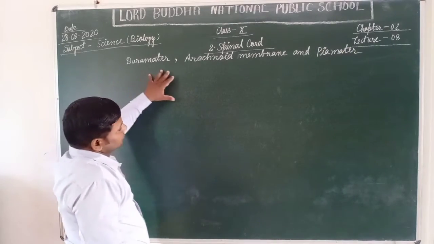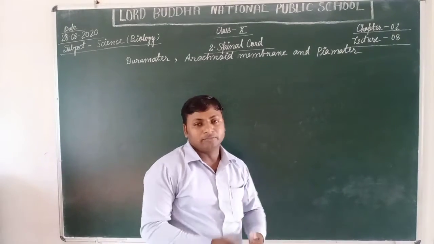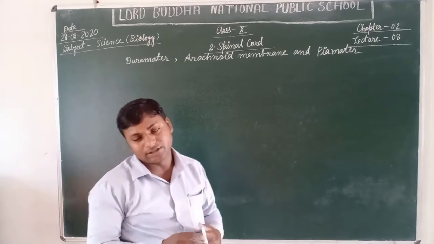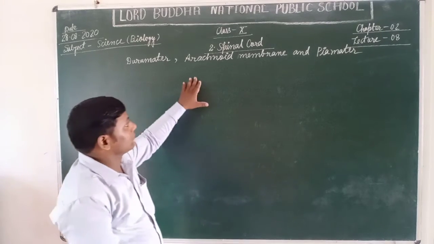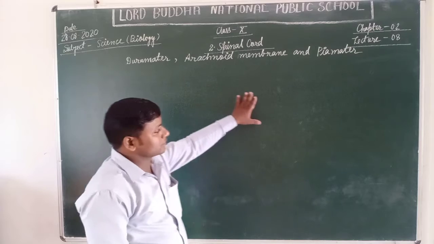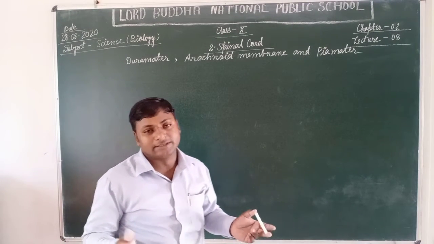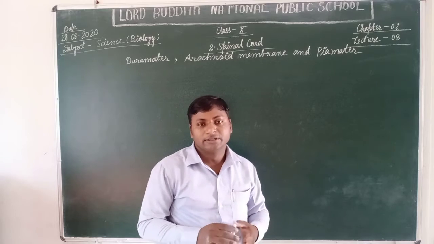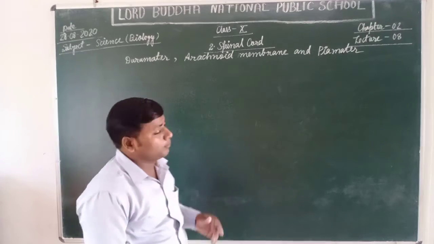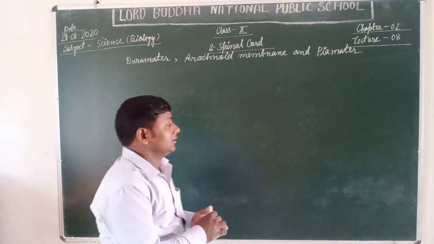Students, if we describe the diagrammatic representation of the spinal cord, it is a transverse section. It looks like a butterfly shaped structure. Yes students, it looks like a butterfly shaped structure.